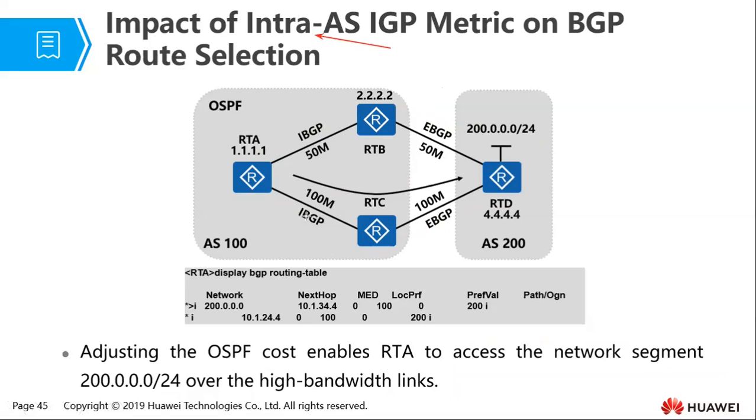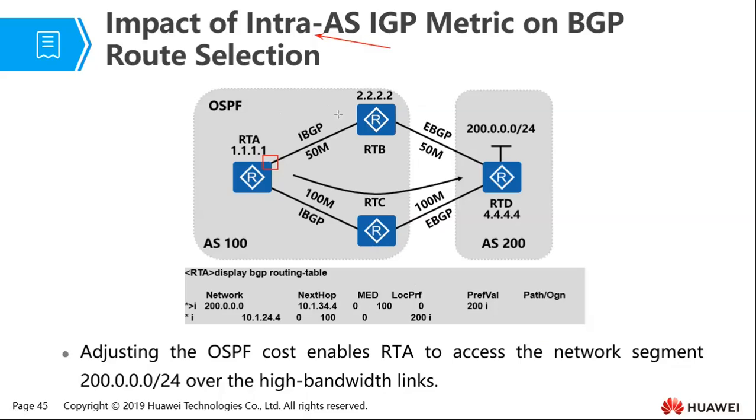So what happens here is that on this interface that is connecting RTA to RTB, we can configure the OSPF cost to a higher value, maybe 100. So we go to this interface and then we use the command ospf cost 100.